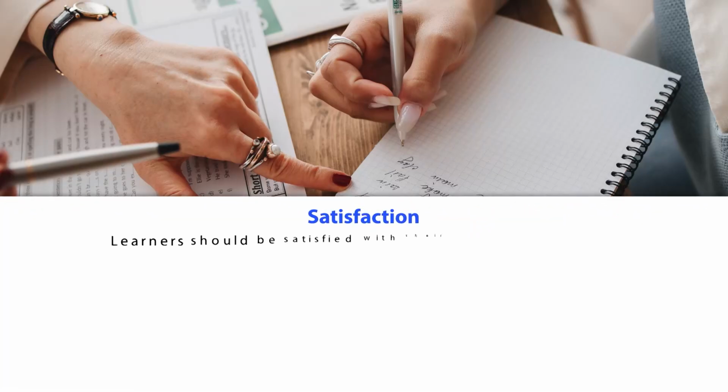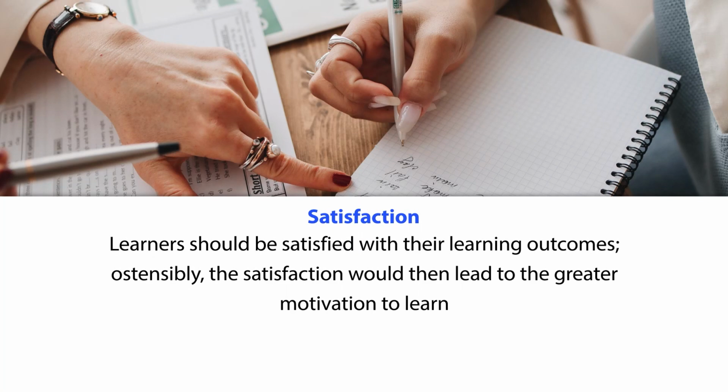The next step and the last is satisfaction. Here, learners should be satisfied with their learning outcomes. The satisfaction would then lead to greater motivation to learn. That's the most important part of the ARCS model.